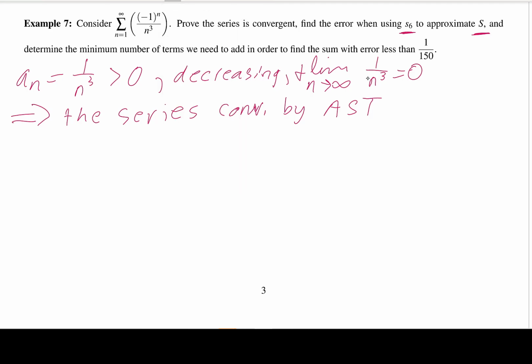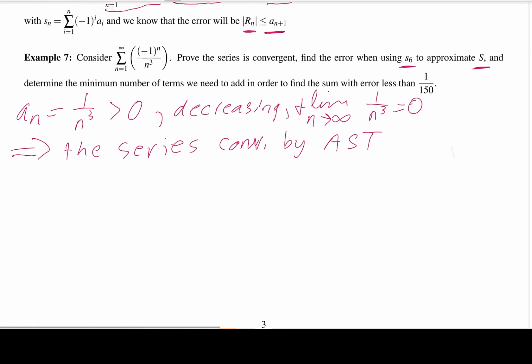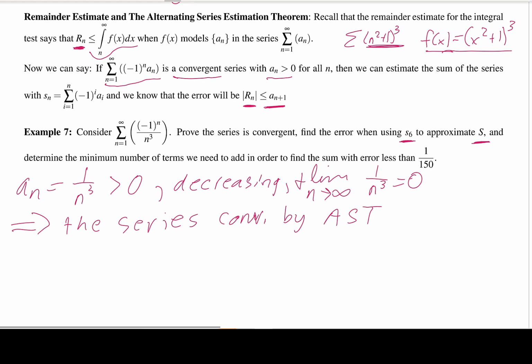So for this part, whenever we're finding the error, we can go back to this remainder estimate. Okay, so remember what we needed. We needed some alternating series, which we have. This is an alternating series. We need it to converge, which we just proved that it converges. And we need our terms to be greater than 0. Well, since we used the alternating series test, we proved that it's greater than 0 right here.